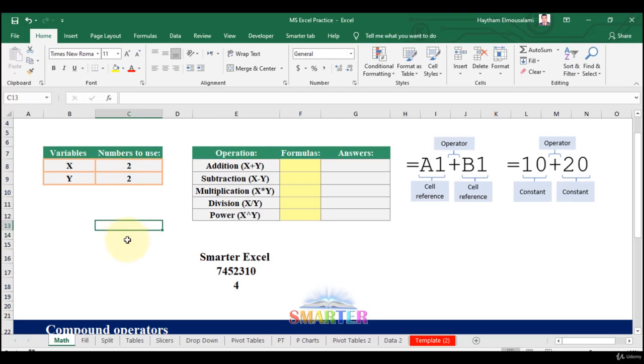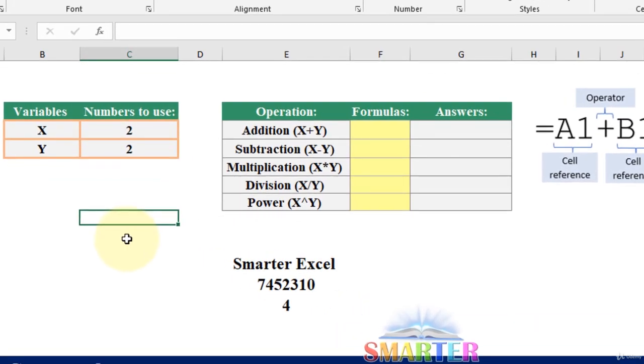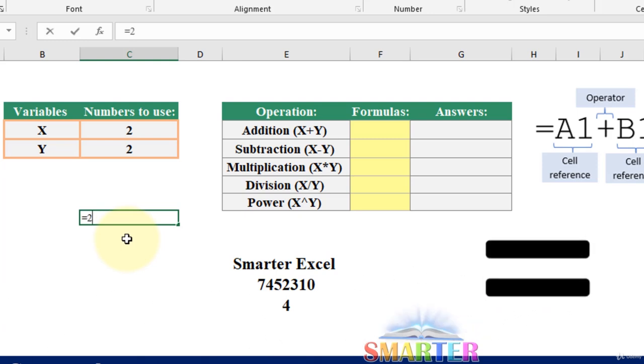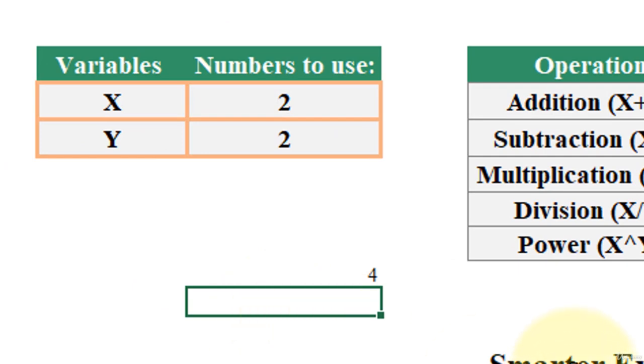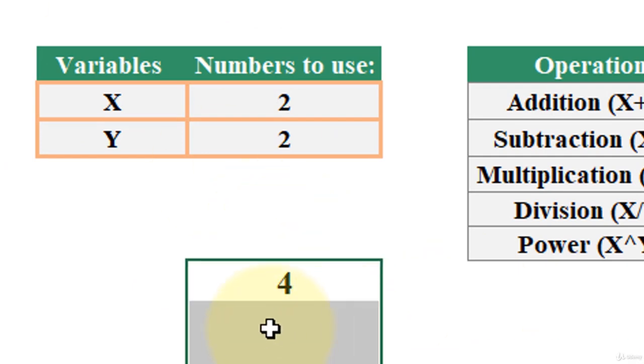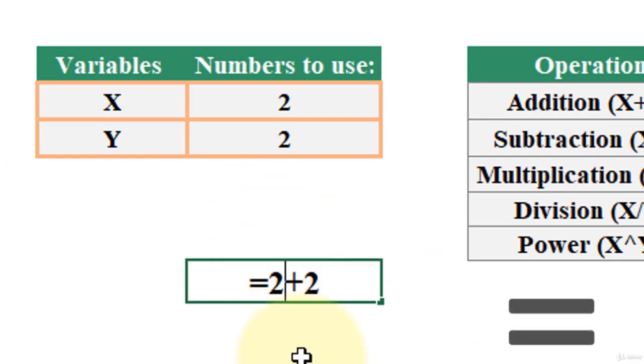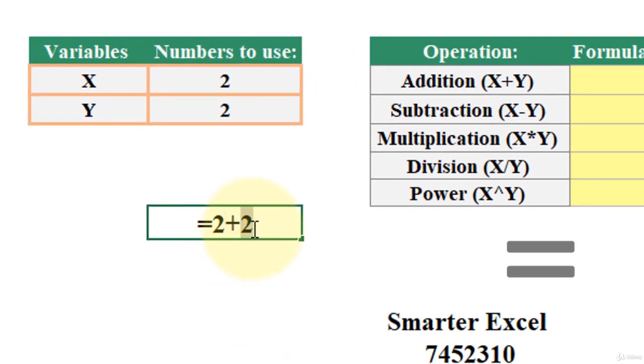If you want to add two numbers using just constants, press equal sign, and the first constant will be 2, and the second constant will be 2. The final result will be 4. Okay? This is constant plus constant, and this is fixed, static, can't be changed.